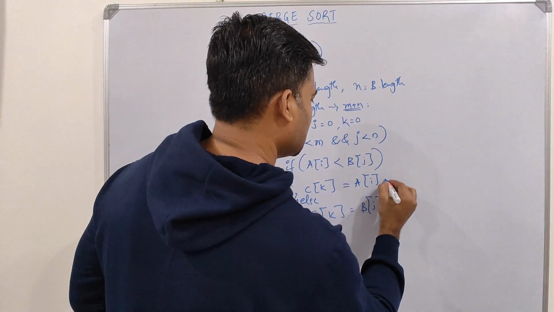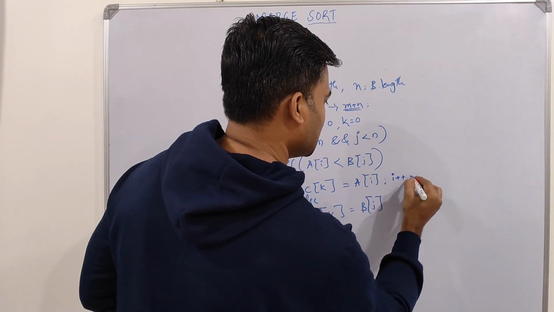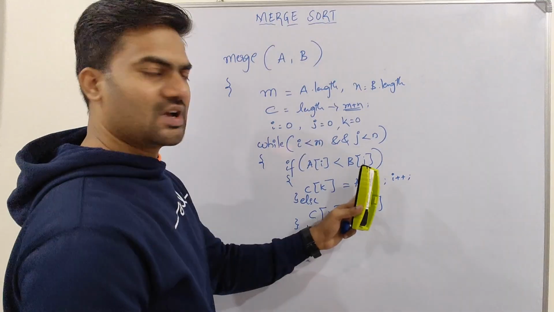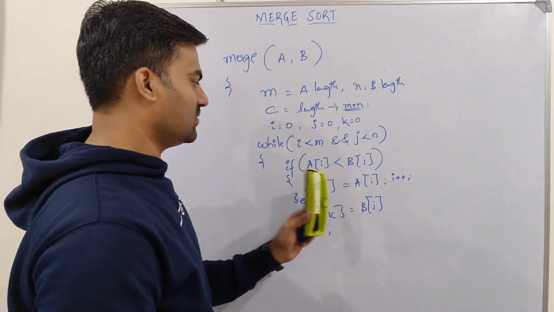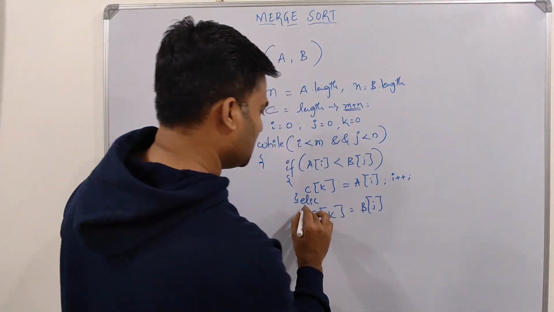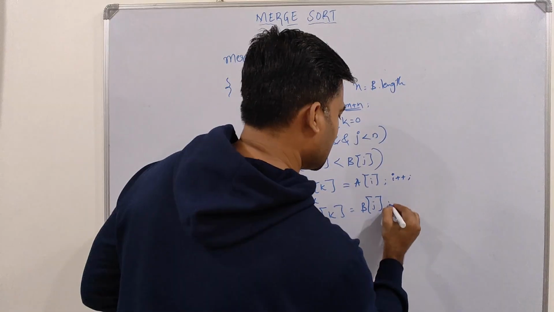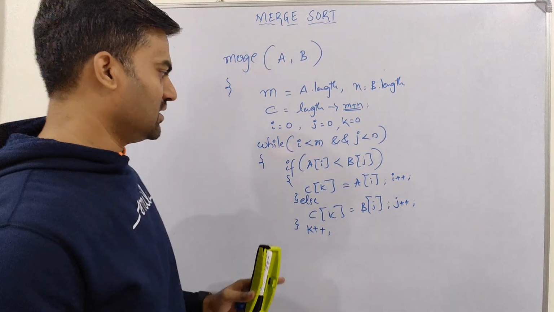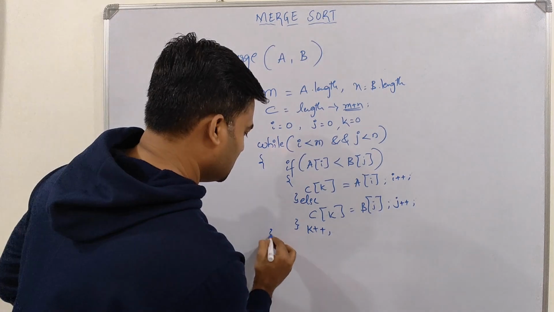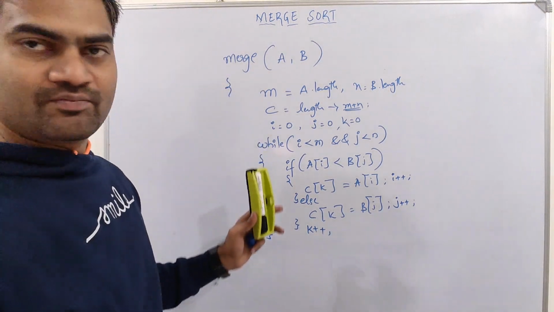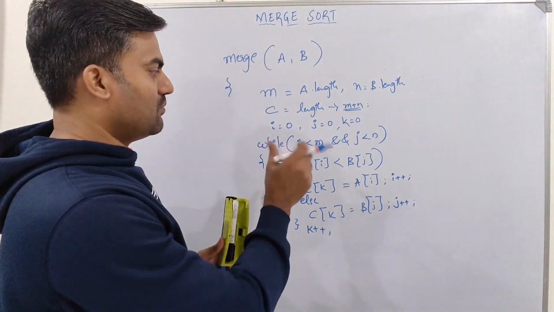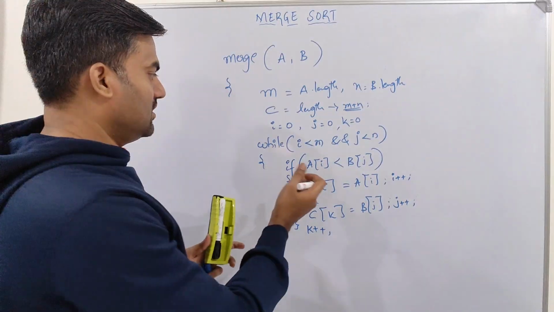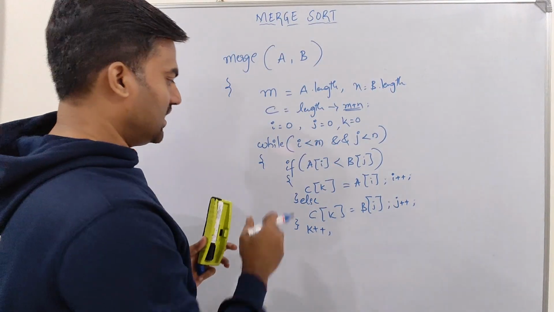Once this is done, I need to increment i here, because I am assigning a of i to c of k. Now if that is not the case, in the else part I need to increment my j. So this is the end of comparison and the merging of the element.